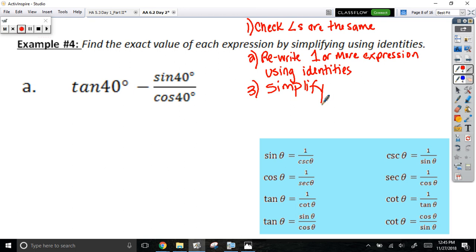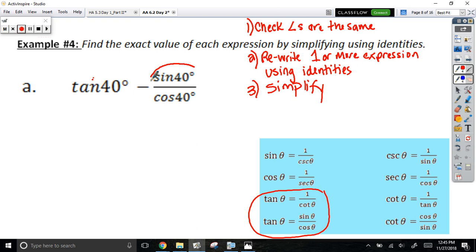So we see 2 expressions. We see tangent of 40, and we see sine 40 over cosine 40. So you can either rewrite this one using one of these, or you could rewrite this bigger one. If you look, sine theta over cosine theta, go backwards, the equal sign, you can switch them around, is equal to the tangent.